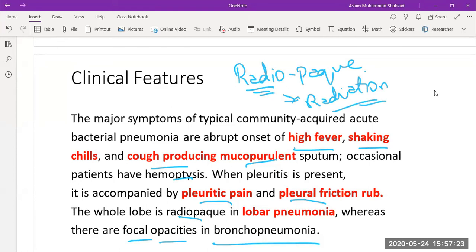So it means in lobar pneumonia, the whole lobe is affected and the whole lobe is opaque, just like when you see it under the x-rays. Whereas focal opacity is talking about pneumonia that occurs in different patches, in different lobes, at certain anatomical sites.